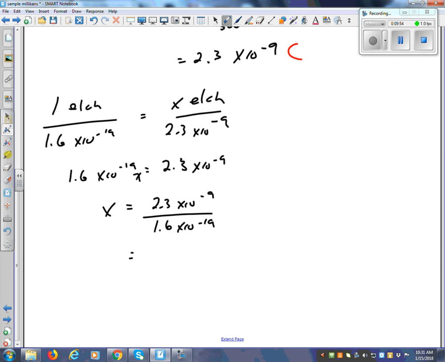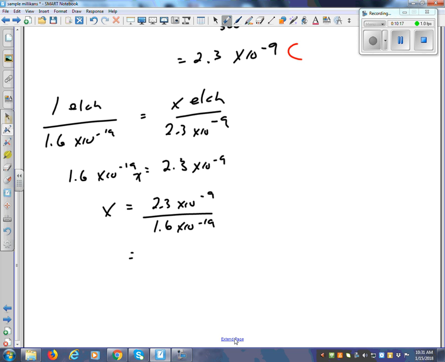But you've got to know that it's dividing, because sometimes you're going to have to go from Elches to coulombs, and that's when you're going to multiply. So you're going to take that number again, it's still in your calculator, and you're going to divide by 1.6 exponent 19. And I get 1.4 times 10 to the 10.